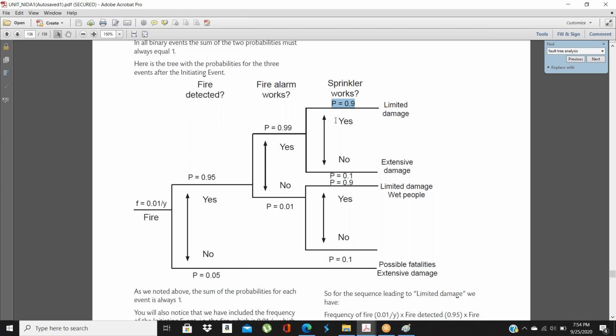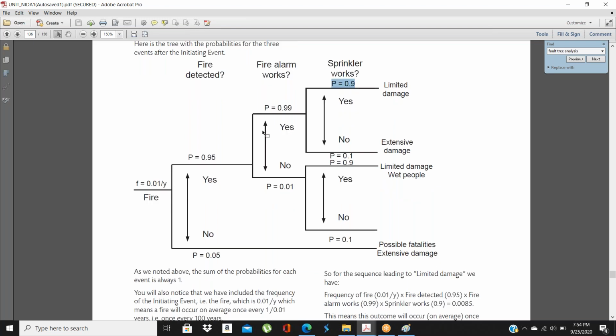Now what we'll do: if we are going toward this branch, we need to multiply all these four events with each other. It will give you the chances of this much damage happening in how many years.